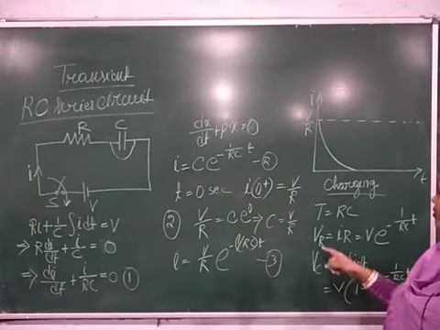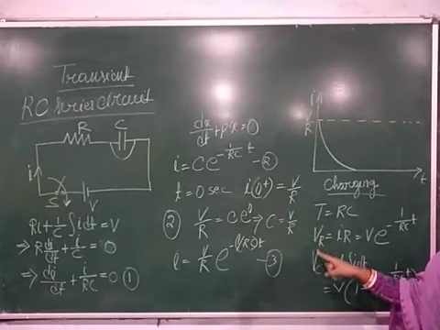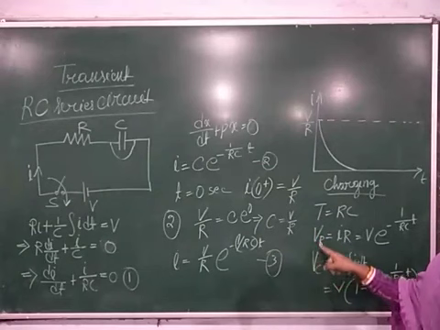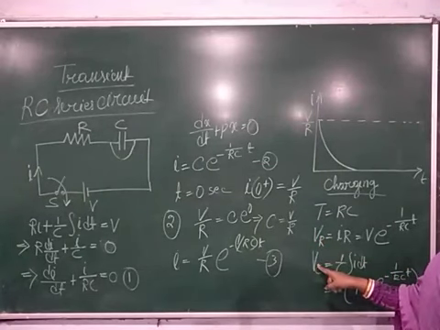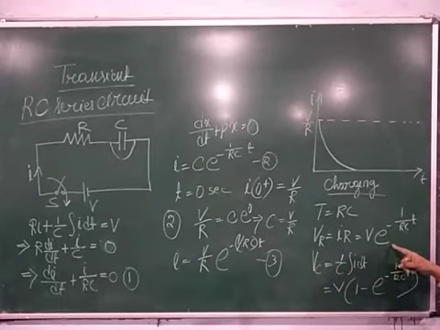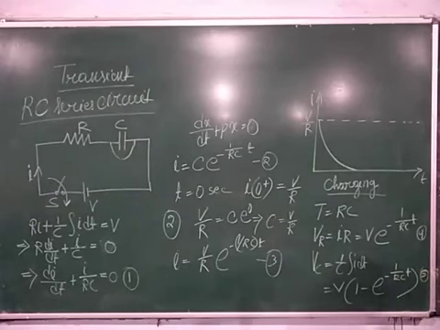Similarly, by multiplying these two equations, VR and VC, with current, it gives the power across the resistor and capacitor. Let this one be equation number 4 and this one equation number 5.